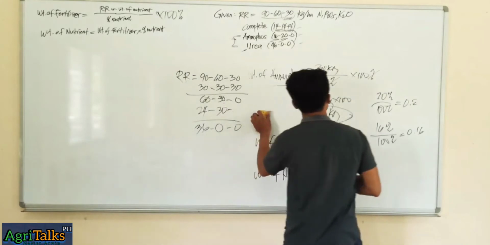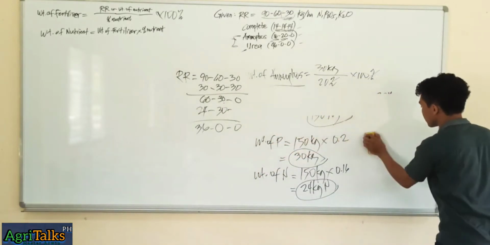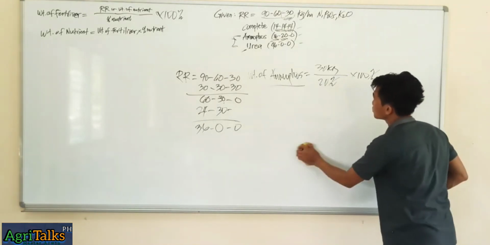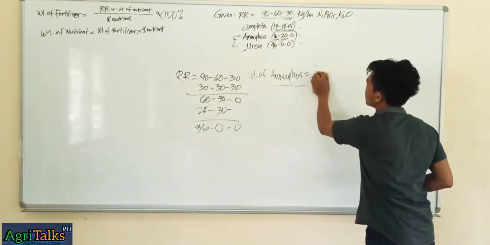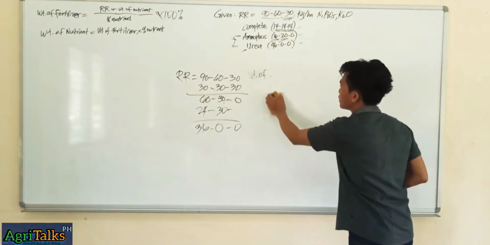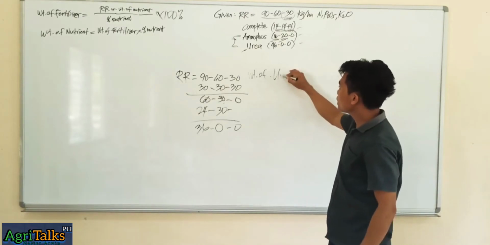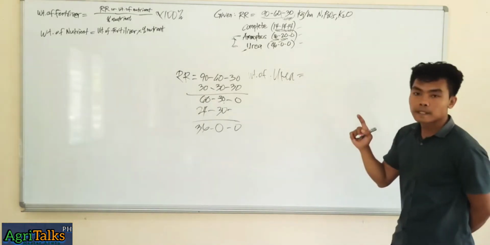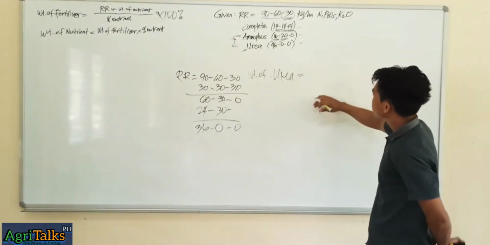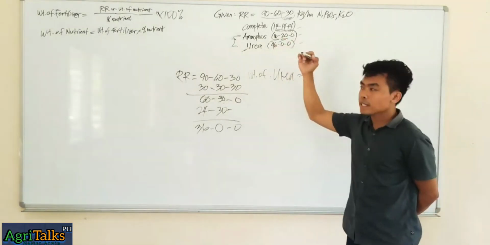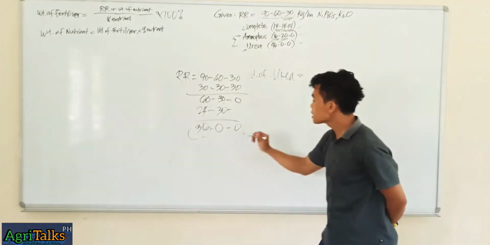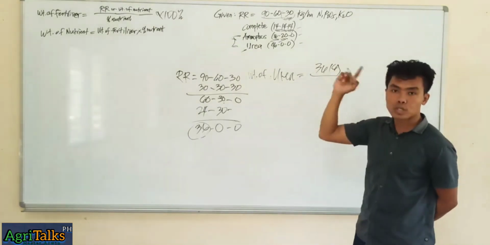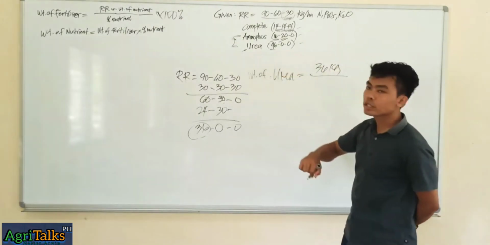So we will compute. The same formula: the weight of urea is equal to the recommended rate, which is 36 kilograms, divided by the percent nutrient, which is 46.